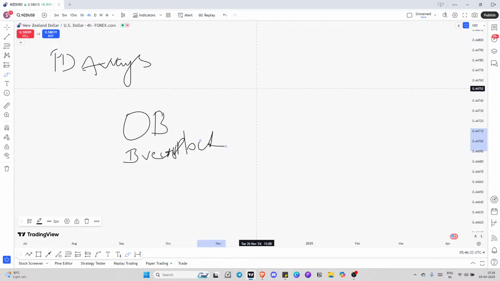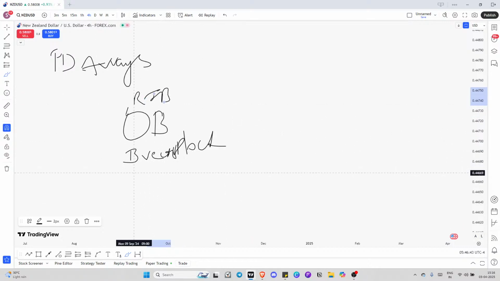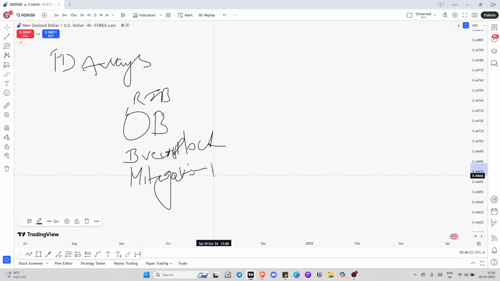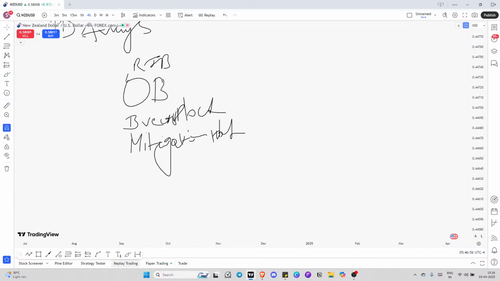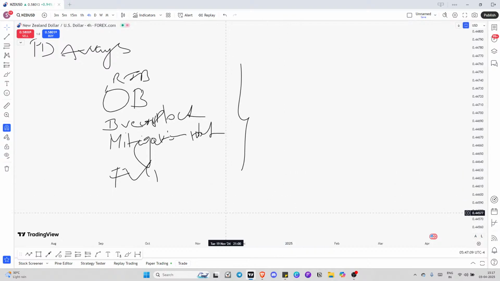These are the things that I use, but there are also the mitigation block and the rejection block. So there are the rejection block, order block, mitigation block, and finally the FVG, fair value gap. These are the blocks, the PD arrays the market moves to and fro from.